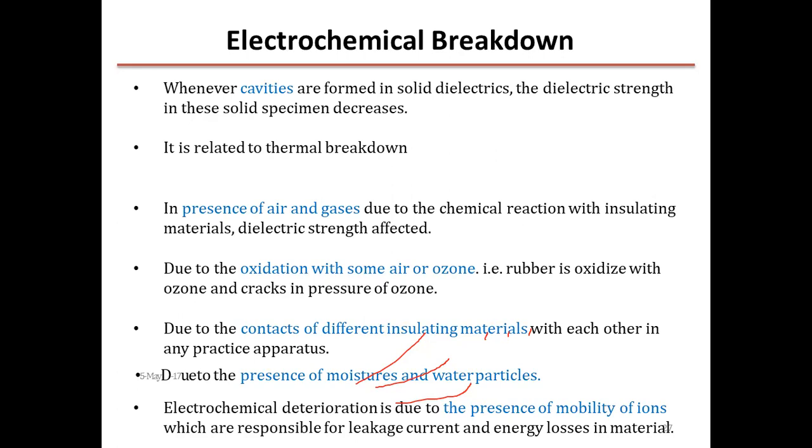Okay, if it undergoes any reaction, it may lose its insulation property, and the dielectric strength will definitely be less, which is unacceptable. So for a good insulator, the insulator must be chemically inert. So if it undergoes a chemical reaction, what will happen actually? We will discuss this in electrochemical breakdown.